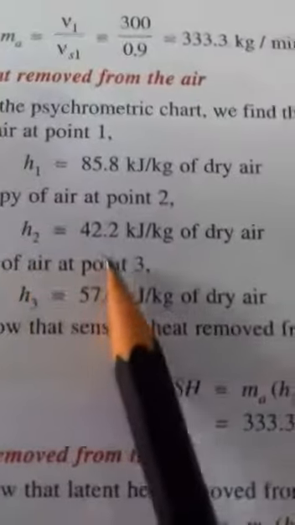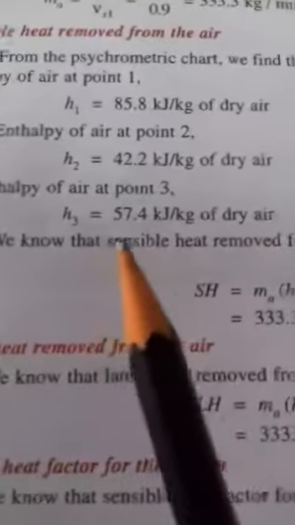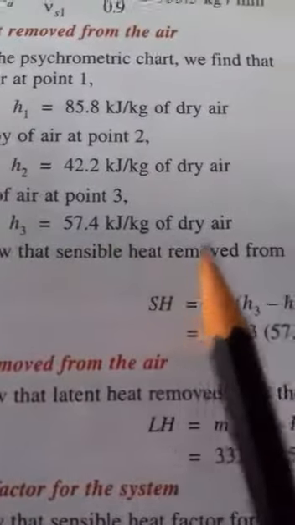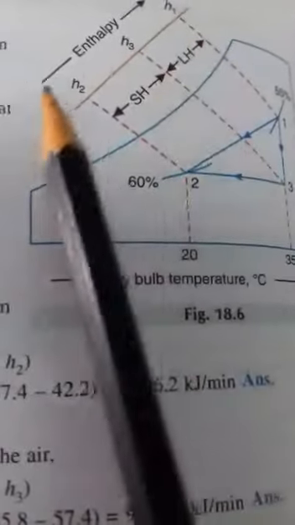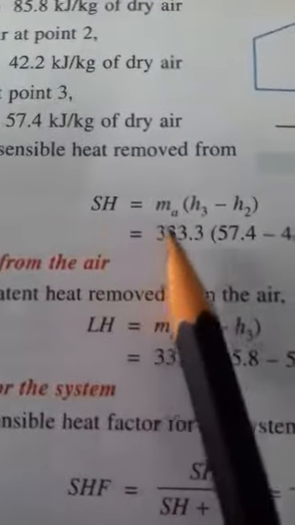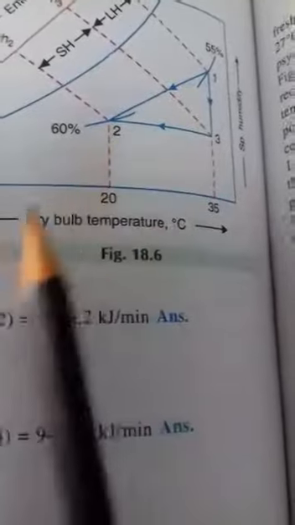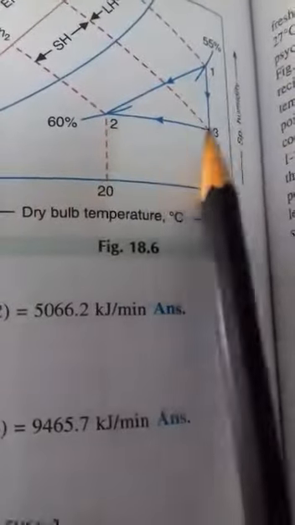So we get all the enthalpies h1, h2 and h3. We know that the sensible heat removed from the air is ma into (h3 minus h2). This is the sensible heat horizontal line. The mass you have already calculated, so ma into (h3 minus h2) is 333.3 into (57.4 minus 42.2), and we get 5066.2 kilojoule per minute.